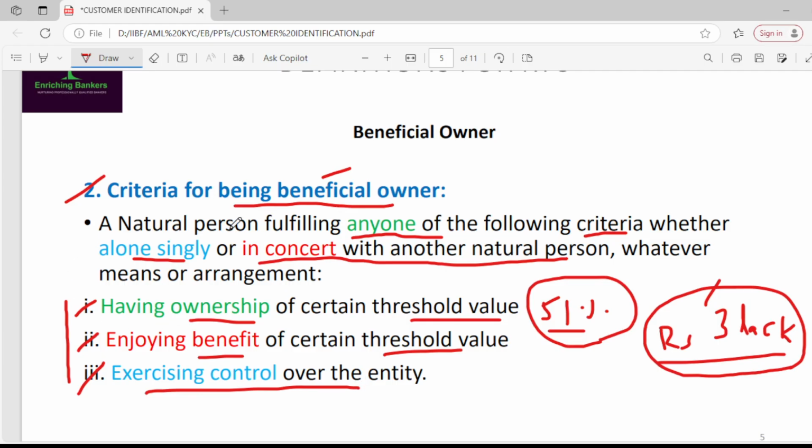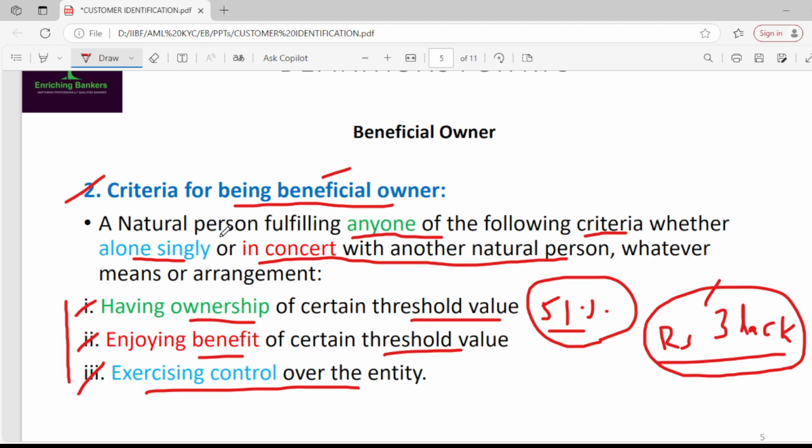Hence, a natural person who fulfills having ownership of certain threshold value can be treated as beneficial owner, or a natural person who fulfills enjoying benefit of certain threshold value either alone singly or in concert with another natural person can also be treated as beneficial owner.